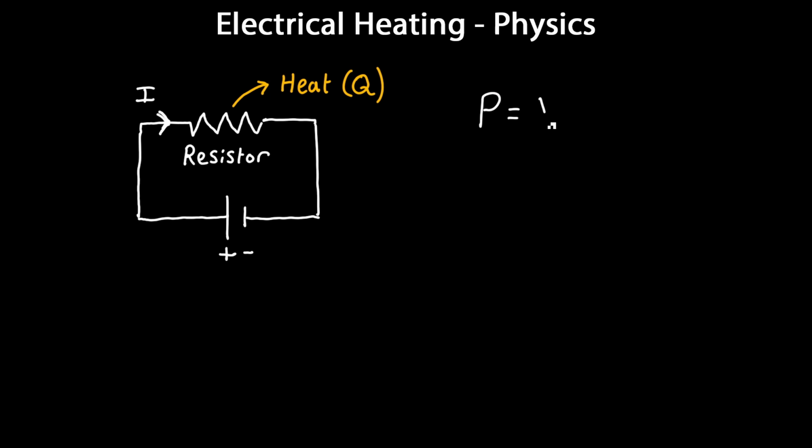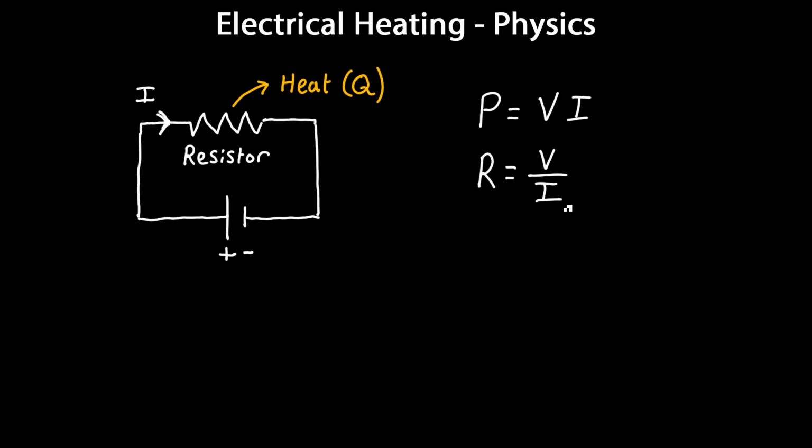One was showing us how to calculate the power produced or dissipated from a device in a circuit, for example, a heating element, and this is equal to the voltage drop across both ends of the device multiplied by the current flowing through it. And the second equation was about how resistance of a device in a circuit is related to the voltage drop across it and the current flow through it.